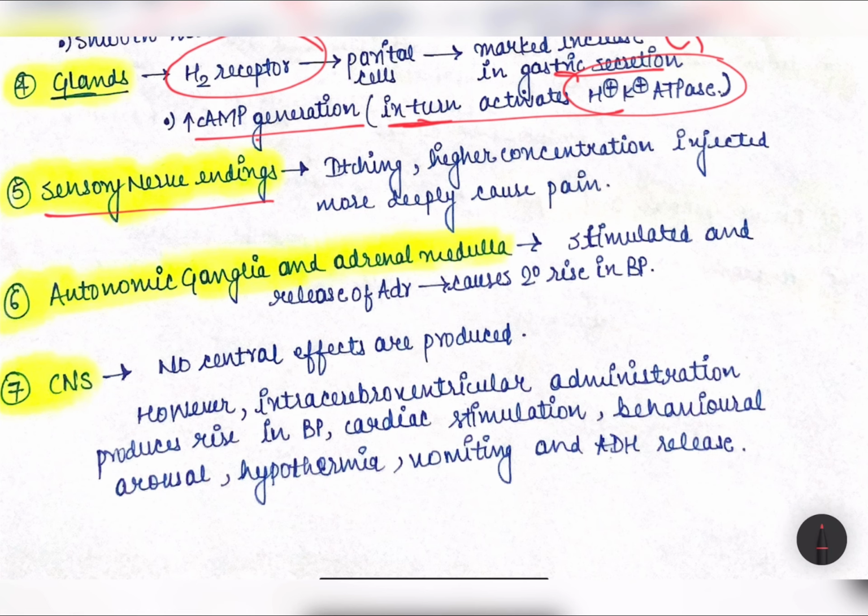These are reflections of the capacity of histamine to stimulate nerve endings. At autonomic ganglia and adrenal medulla, it stimulates the release of adrenaline, which can cause a secondary rise in BP.